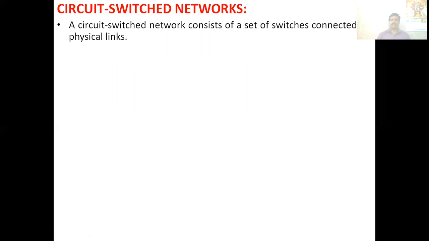First, we are going to see the circuit switched network. The circuit switched network consists of a set of switches connected by physical links. That point is important.